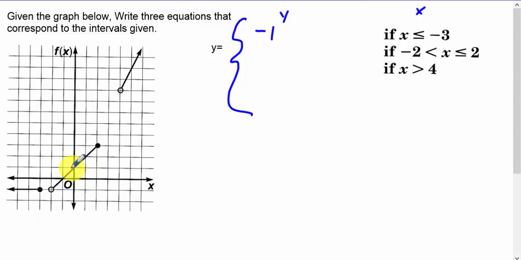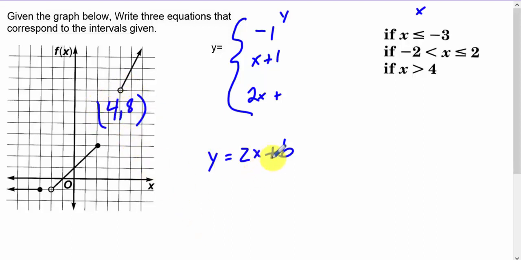This also looks pretty easy because it has a slope of 1 and a y-intercept of 1, so that's x plus 1. And this guy has a slope of 2, so I have 2x plus something. I'm going to go right here and say y equals 2x plus b. And I know that this is the point 4, 8.